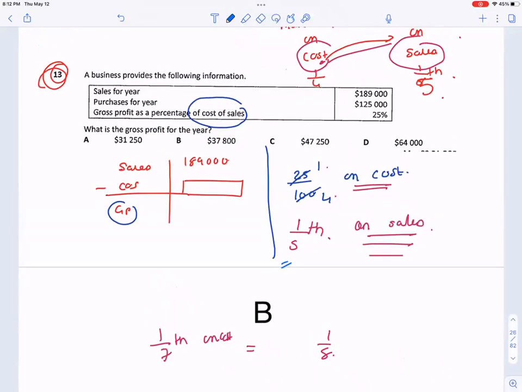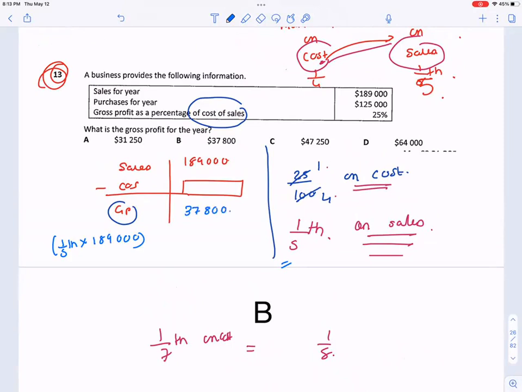What is gross profit? 1/5 on 189,000. 1/5 into 189,000 is 37,800.